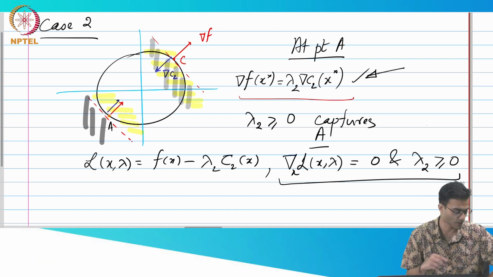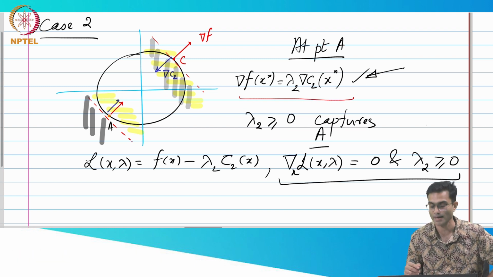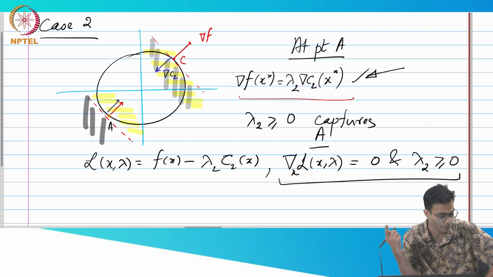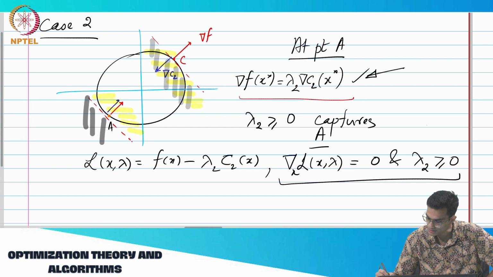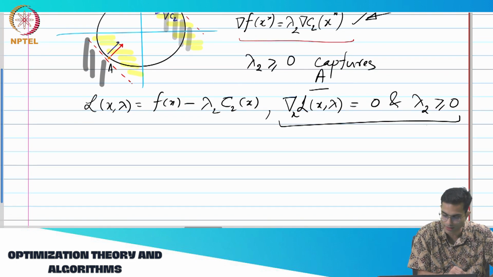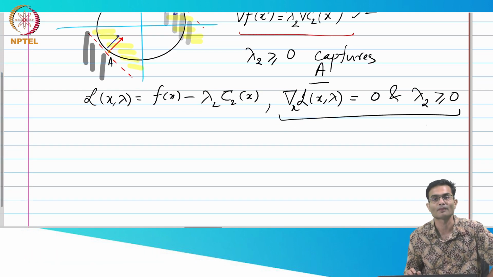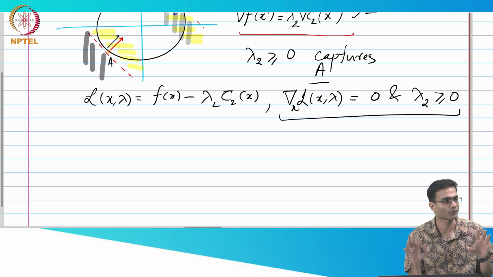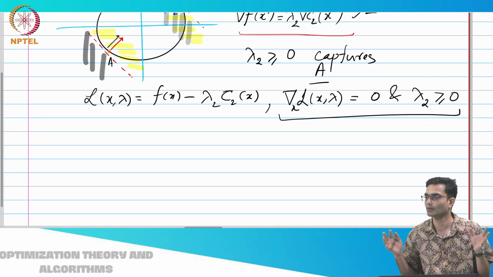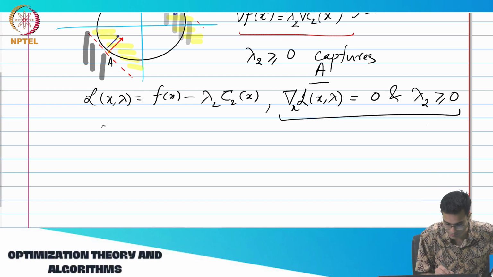In case 1, you have seen what we had. We had grad L equal to 0 and lambda 2 equal to 0, right? So this looks a little tedious to have these separate cases each time, right? So it turns out if you just stare at both of these cases a little bit more, you can come up with a very elegant way to combine them.